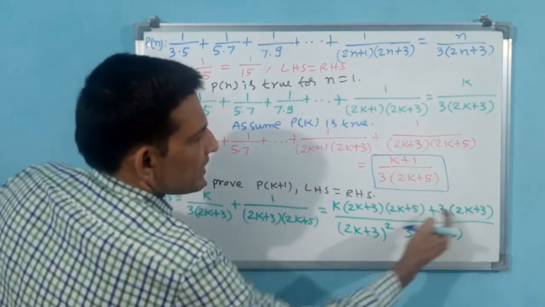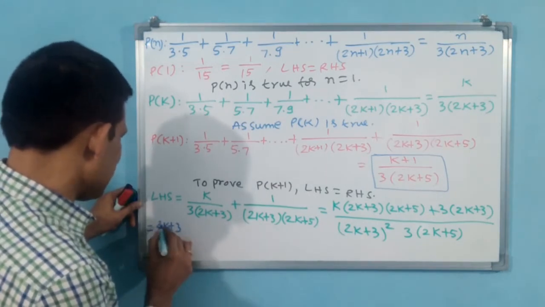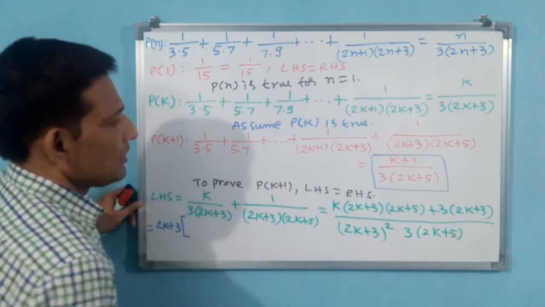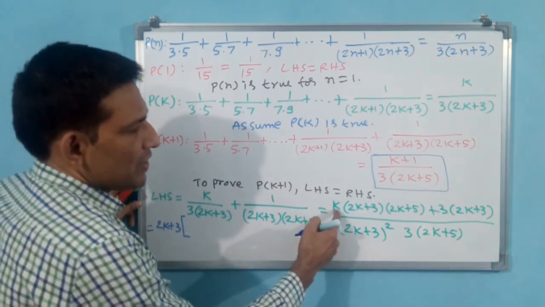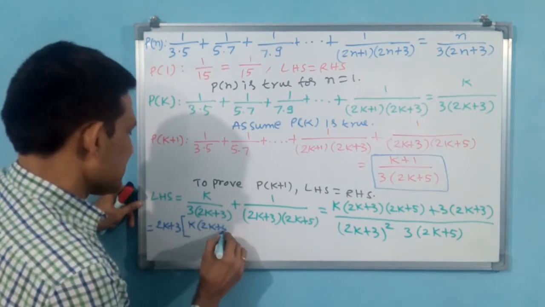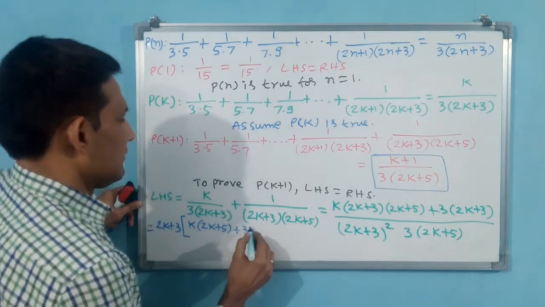2k plus 3 we can take common. You see 2k plus 3. Take the common of 2k plus 3. Okay, if you take 2k plus 3 common, k into 2k plus 5 plus 3. That's all.